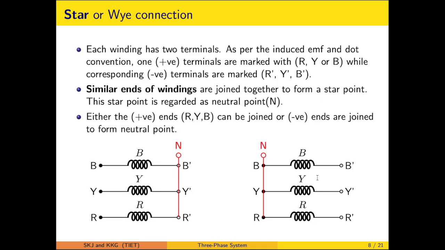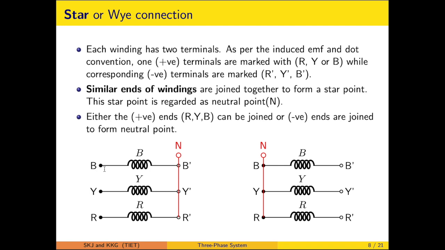So this is how the star connection is formed. Let's say the R phase which we discussed has the winding terminal R dash. Similarly, the Y phase has Y dash terminals, and B has the terminal B dash.